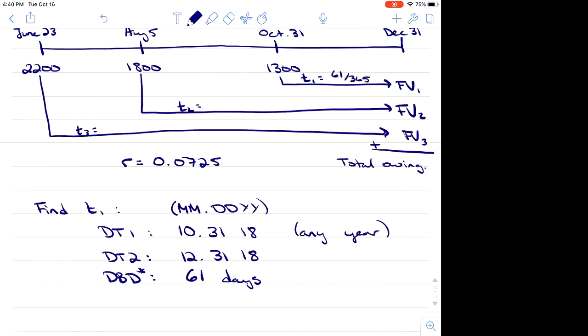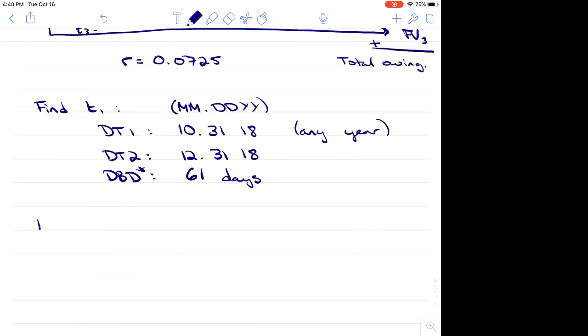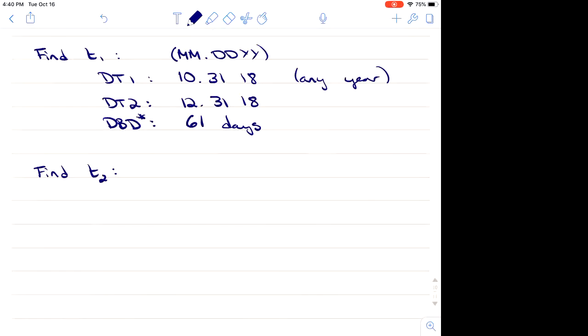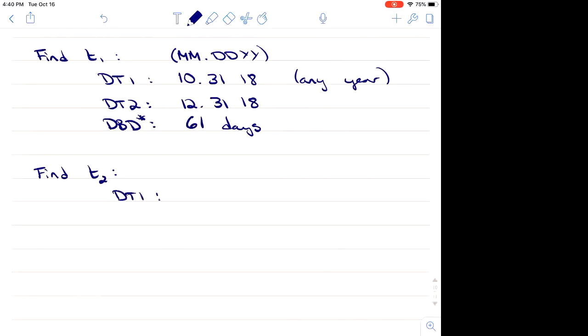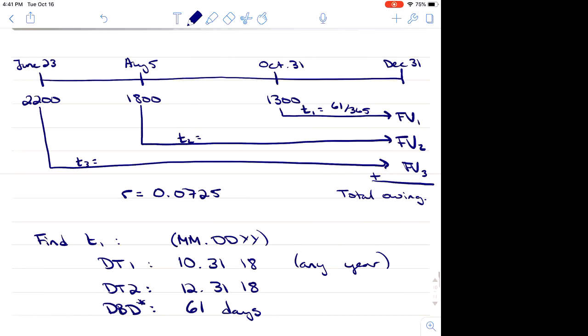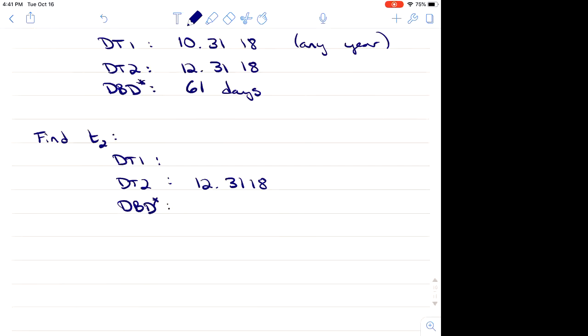So we can find T2. Date 1, date 2. Days between dates is what we're calculating. Date 2 is still 12.3118. We just need to figure out what August 5th is.